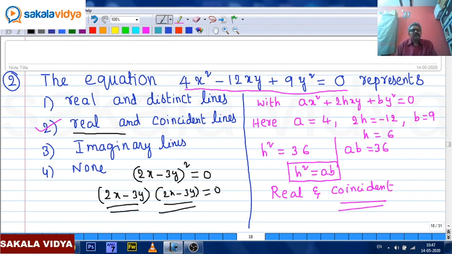So the second option is the right option. Because the homogeneous part will be a perfect square. If it passes through the origin, then they are real and coincident. That also we can do.